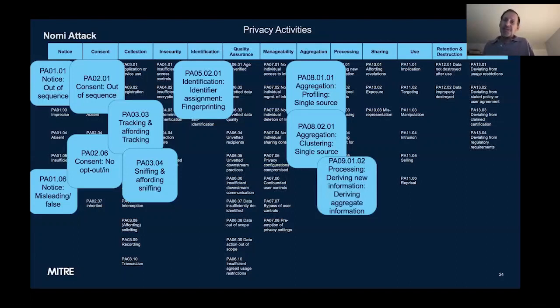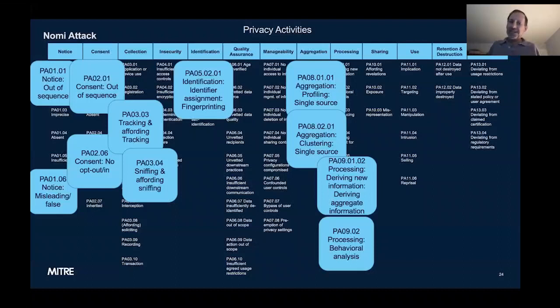And they were also deriving new aggregate information. This is the stuff that they were sending back to the retailers about how their customers moved about their stores. And of course, at the end of the day, this was all about behavioral analysis, another aspect of processing.